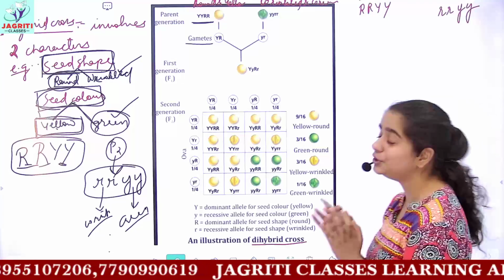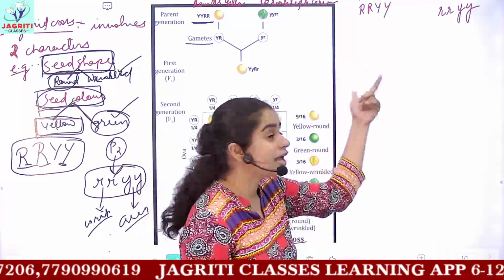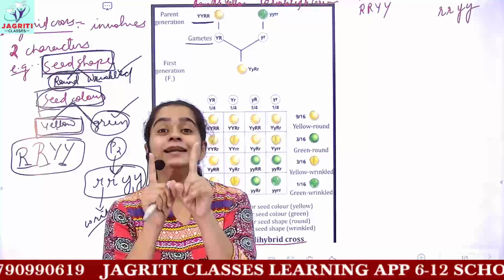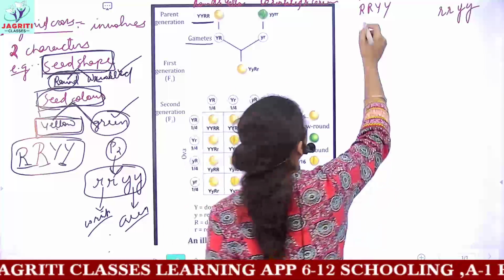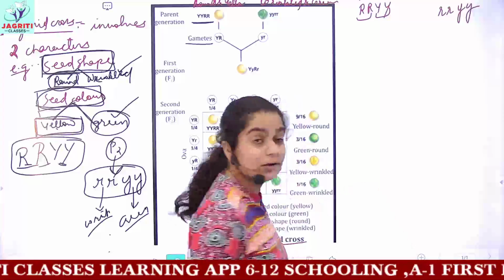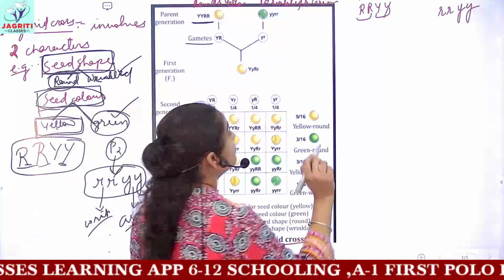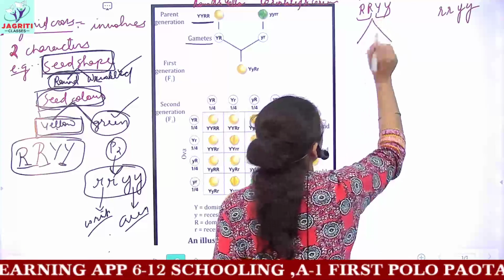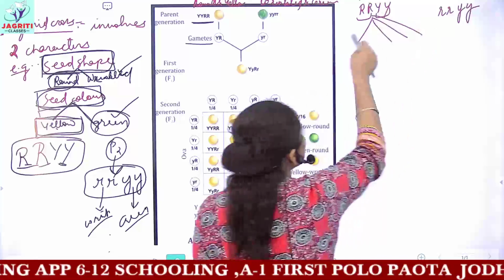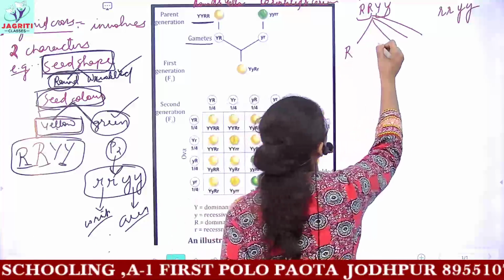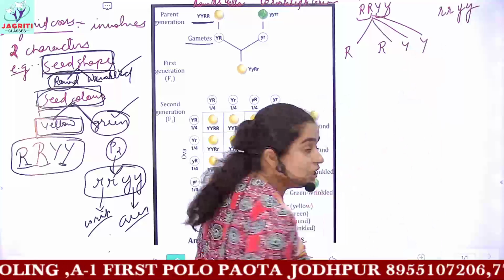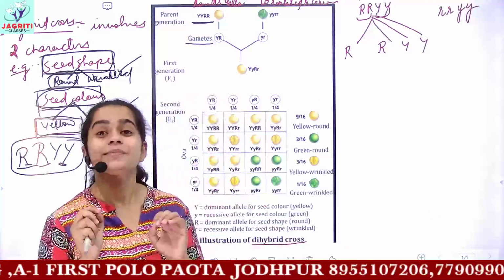I told you during the formation of gametes, each gamete receives only one allele of one character. So here you have two characters, round and yellow. Now what would happen? All the alleles will separate out for the formation of gametes. So you have all the alleles separated from each other because we want to form gametes here.